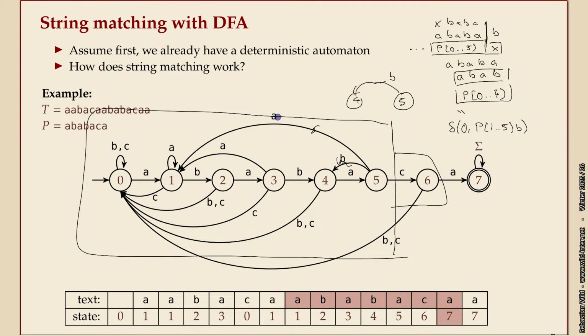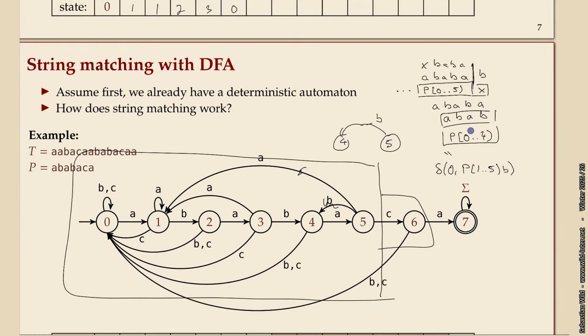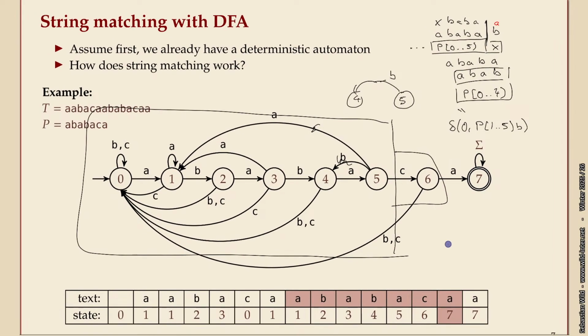Let's do the transition for A, just to be sure that we understand the pattern. We've seen ABABA, but now we're seeing another A. What we have to do is read from the beginning in the automaton, starting without the first character, so BA, BA, A. If we do that from here, it's BA, BA, A. So we go to state 1, and that's where the arc from 5 also goes.